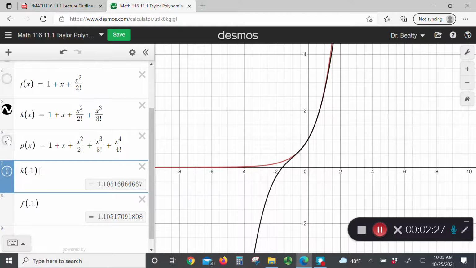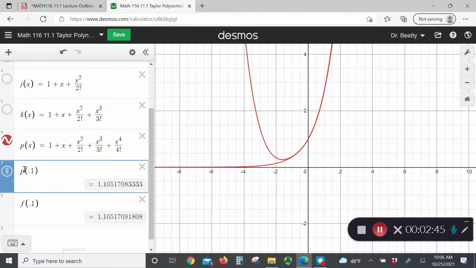And finally, if I use the function p, I end up with something really close, right? I am 1, 2, 3, 4, 5 decimal places out. That's really close.